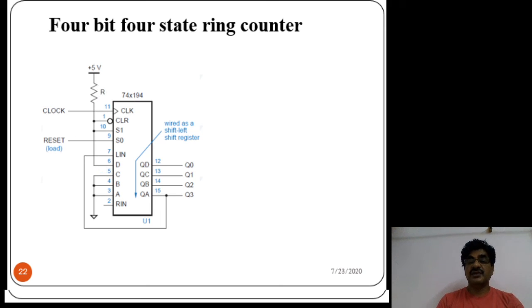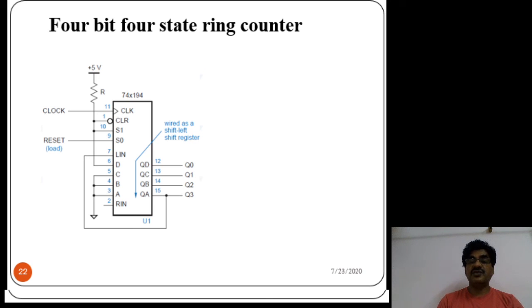To load this state into the register, the reset value must be 1. When it is 1, S0 is 1 and S1 is also 1. If both S0 and S1 are 1, the functionality of this IC is the load function. Loading means whatever data appears at the input pins A to D is loaded into the counter. That data is state 0001, which you can observe at the output lines.